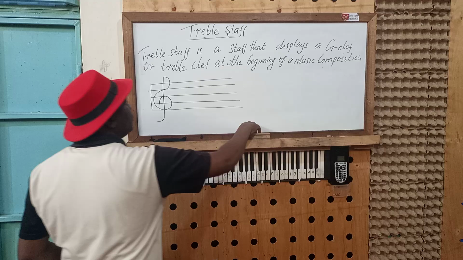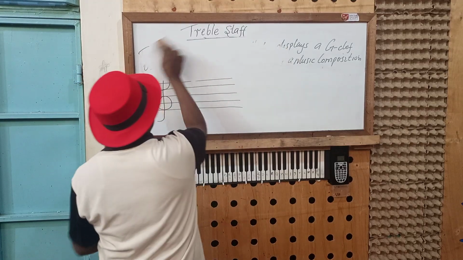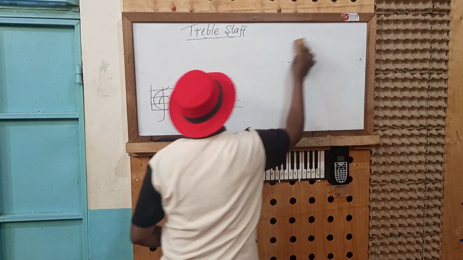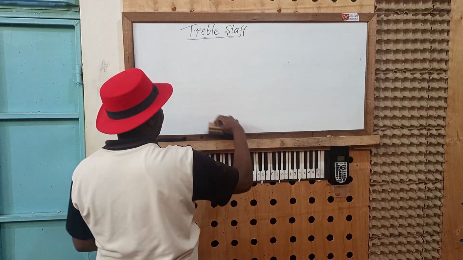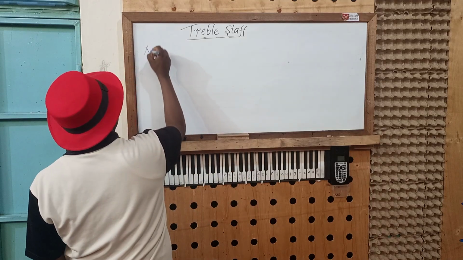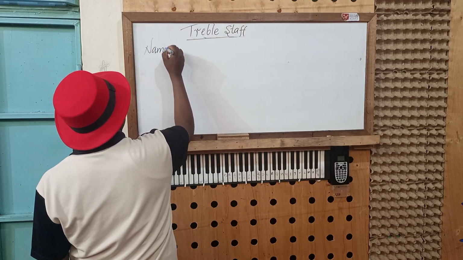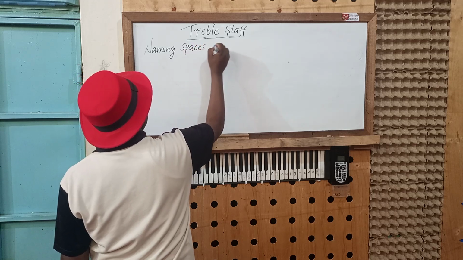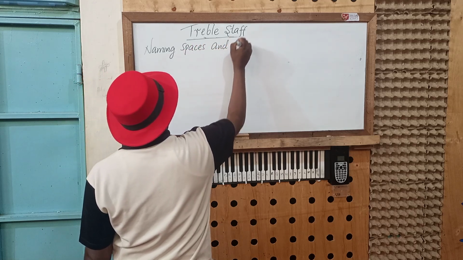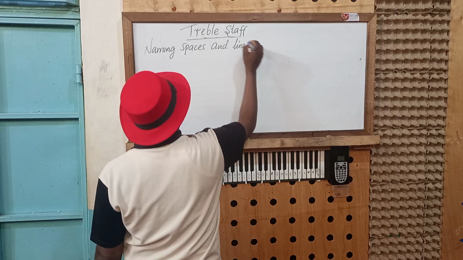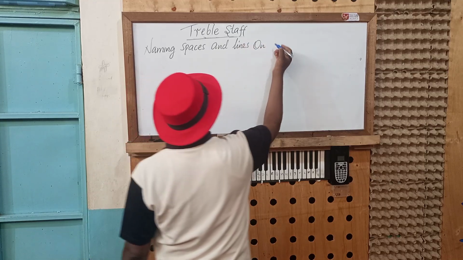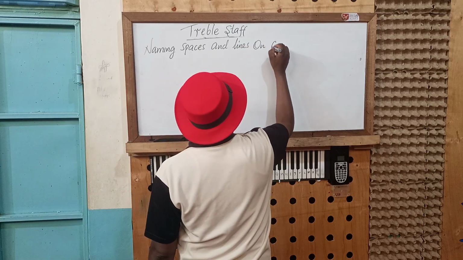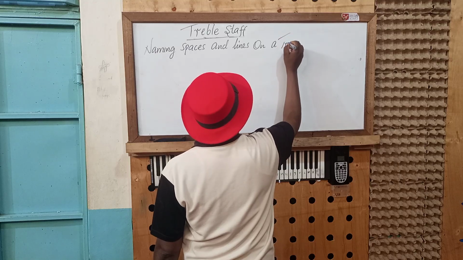Now, we finish by something very small here, which is naming spaces and lines on a treble staff.